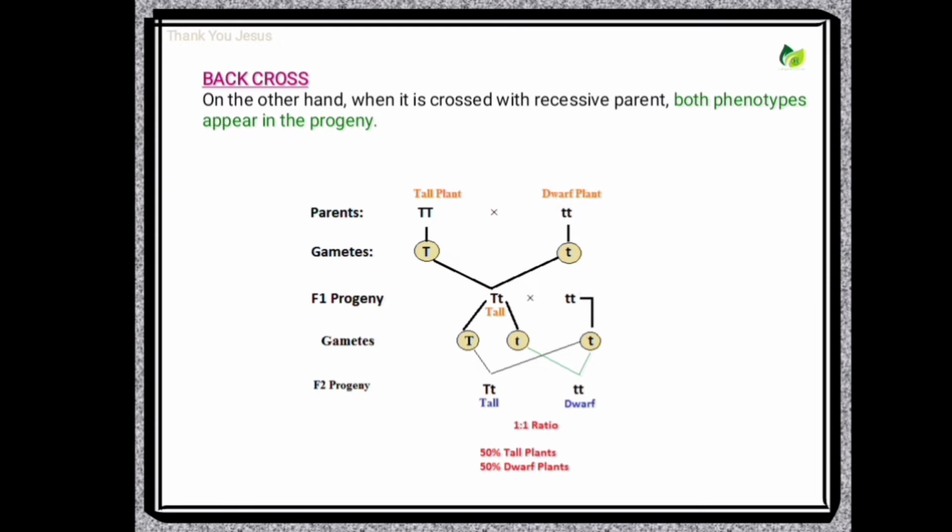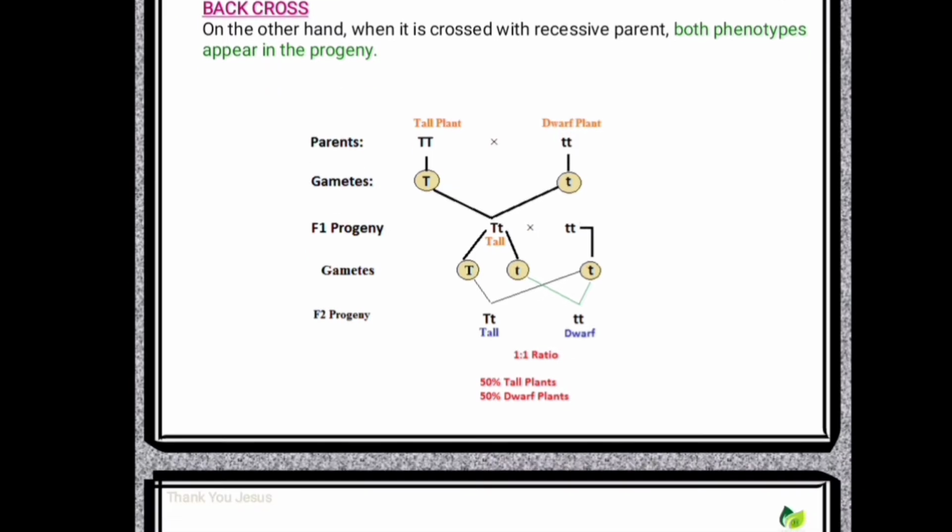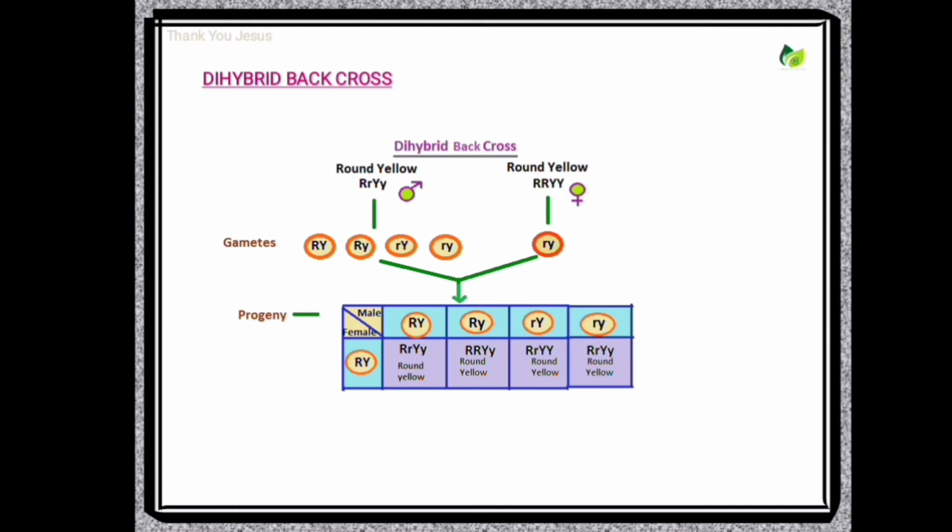These two crosses were made by Mendel. He coined the terms backcross and test cross. While both the crosses are referred to as back crosses, only the cross with a recessive parent is known as a test cross.